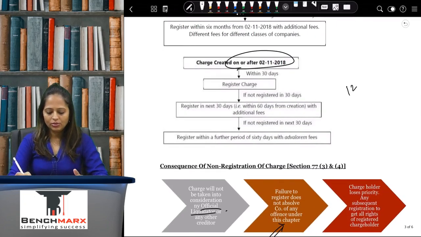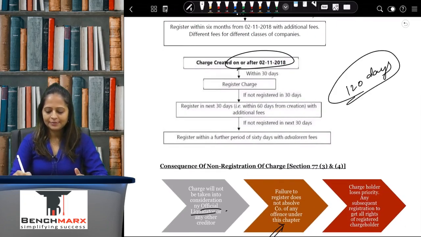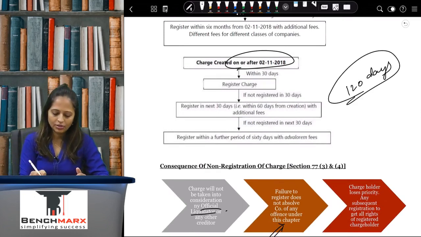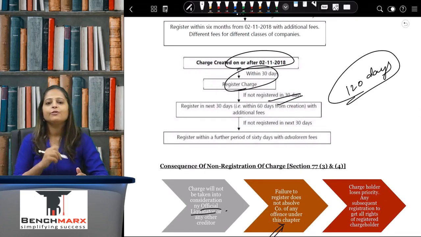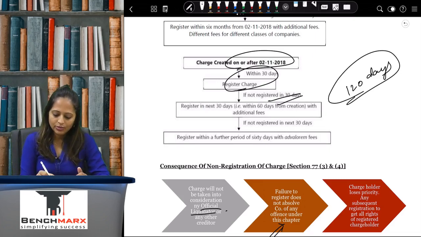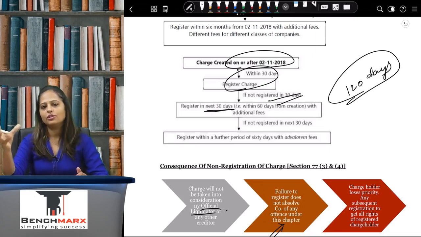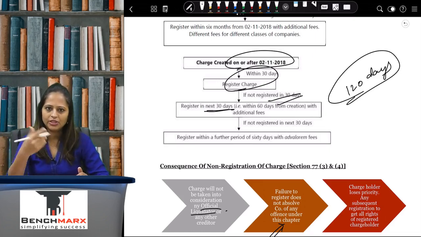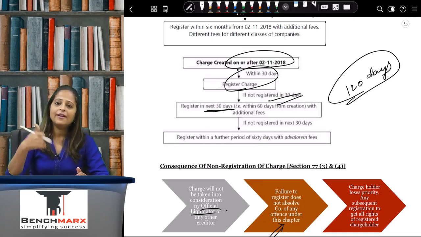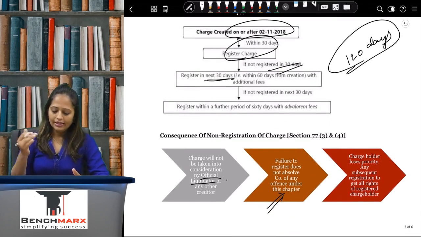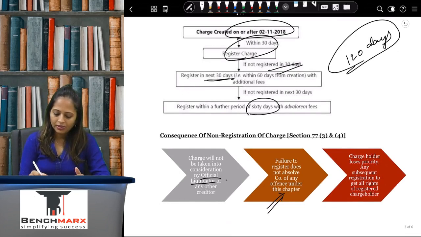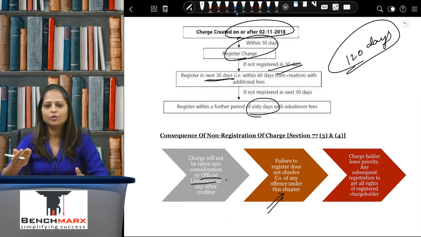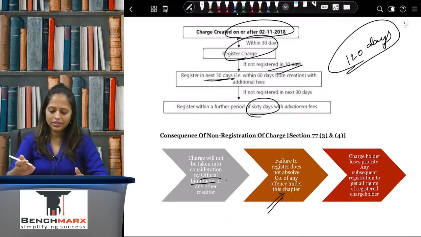Now we get only 120 days. Why 120 days? You have 30 days to register your charge. If you have not done so within 30 days, you get another 30 days. So you get a total of 60 days, and you have to pay some additional fees to the registrar. If I have not done it in 60 days also, then I get a further period of 60 days if I inform the registrar why I couldn't register the charge in the first 60 days.